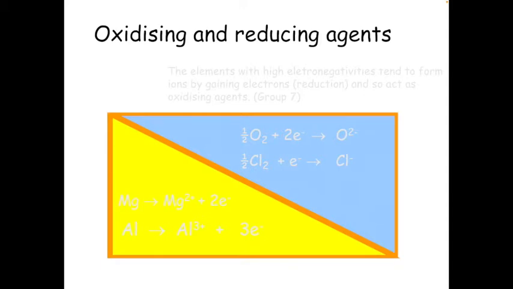So let's think about where these might be and what they might be. Basically, if you think about the left-hand side of the periodic table, those are all metals. And metals, we know from National 5, lose electrons. And that is because they have electron shells that maybe have only 1, 2 or 3 electrons in the outer shell. We know that the atom is more stable when it's got a full outer electron shell. So these electrons are quite happily lost.